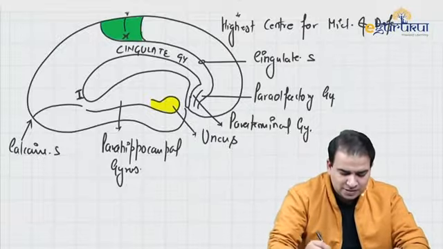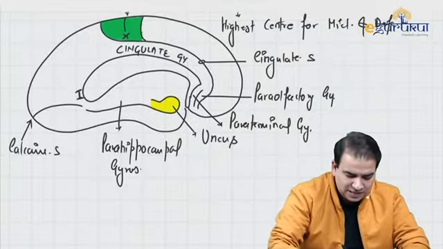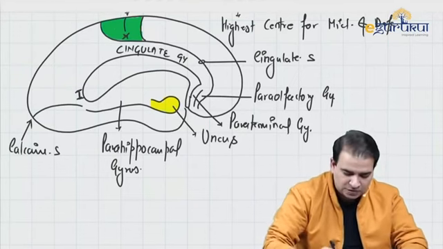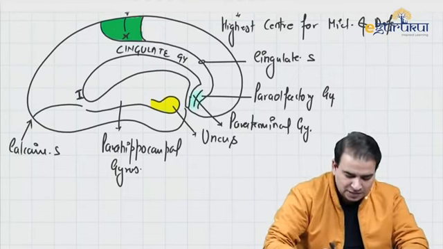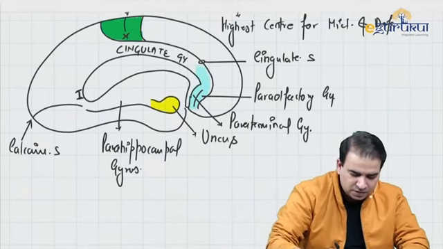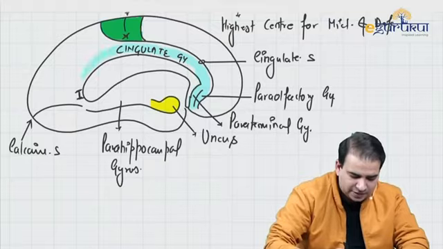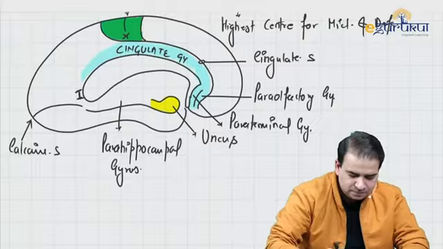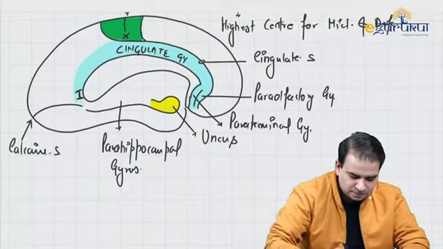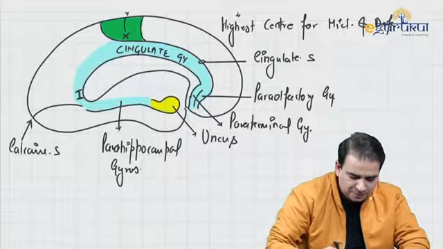Now my point here is, look at all these areas which are encircling the corpus callosum. This is the para-terminal and para-olfactory gyrus. That is the cingulate gyrus here, right? Posteriorly, that is the isthmus. Then below here we have the parahippocampal gyrus, which goes anteriorly and forms the uncus.